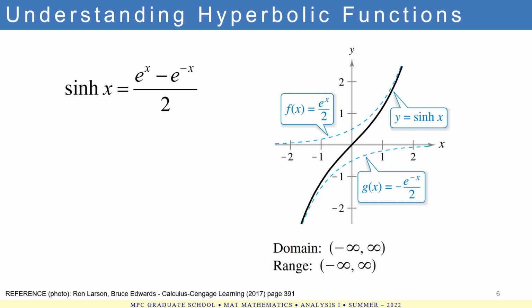Here, we are going to have e to the x over 2 minus e to the negative x over 2. If we graph these two terms, we will get a hyperbola. And the sum of these two curves at every point will give us hyperbolic sine, which we can see here crossing the origin and then getting closer and closer to either section as we go to positive and negative infinity. The domain and range are both all real numbers.